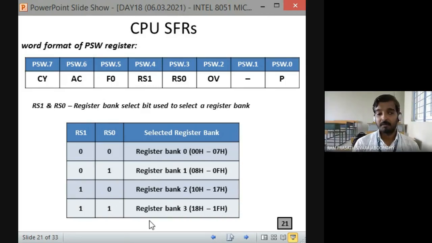By default, which register bank will get selected? Already I have told you. Out of the 4 register banks, the bank 0 registers are selected by default. Is it clear? Did you understand the purpose of RS1 and RS0? Okay, next.